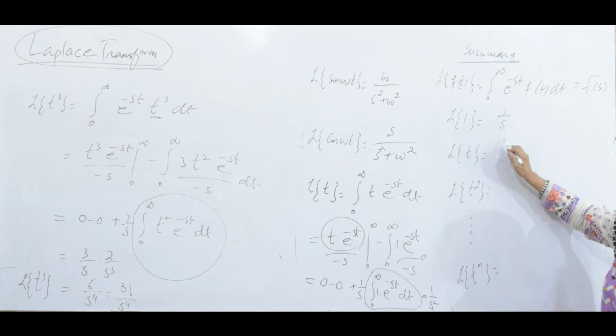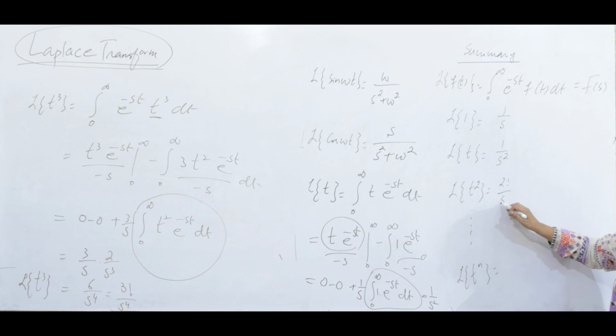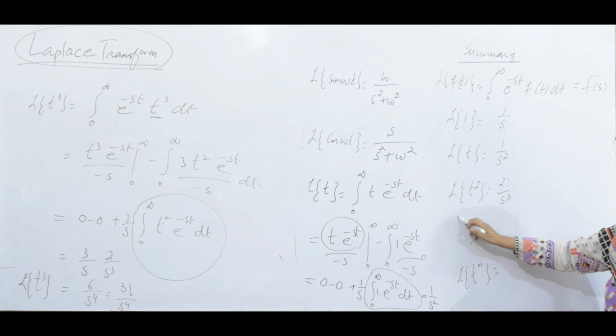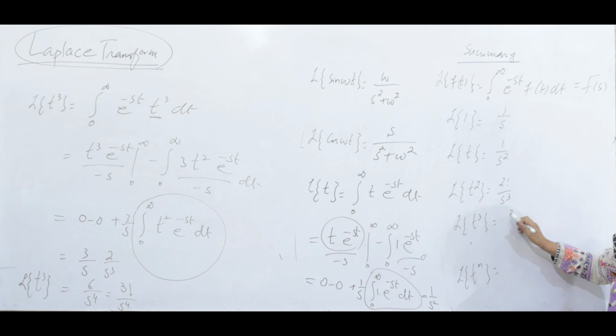This is 1 over s, 1 over s square, 2 factorial over s cube. Laplace transform of t cube is 3 factorial over s to the 4.